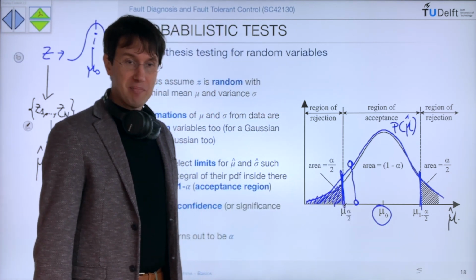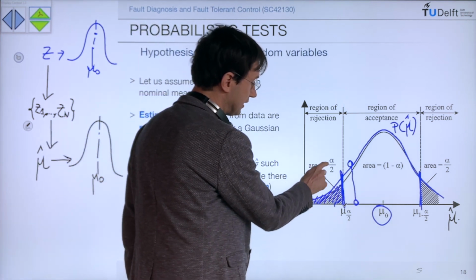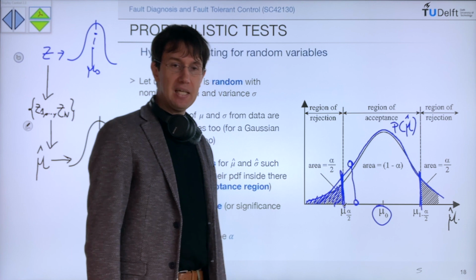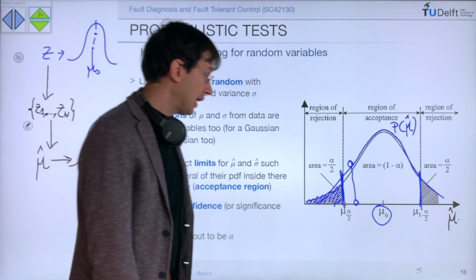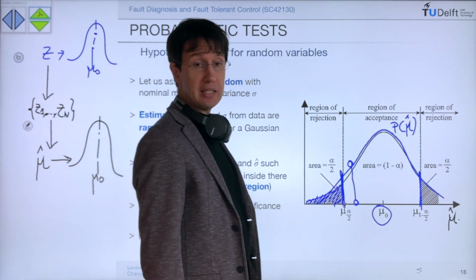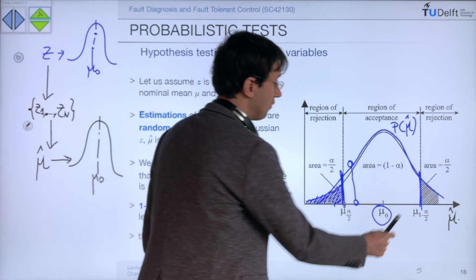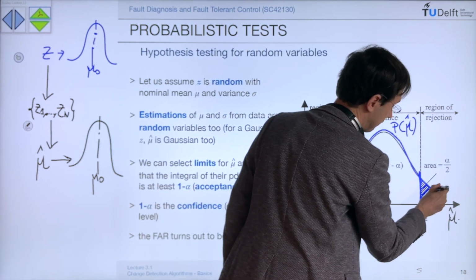I can choose the boundary such that this integral, the area of that, is alpha over 2. Now, for symmetry reasons of the Gaussian PDF, I can select another threshold here such that the integral of the PDF from this value up to plus infinity is alpha over 2 again.